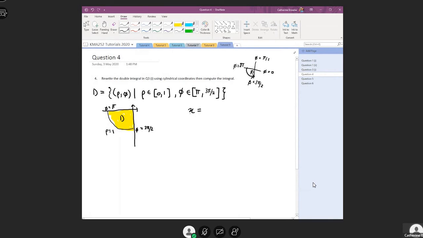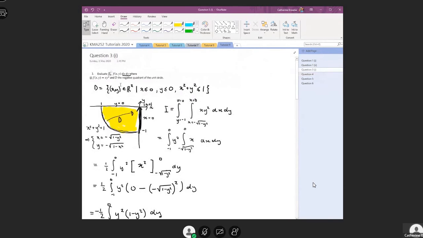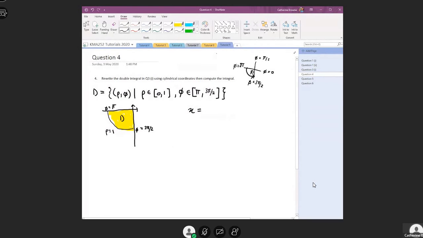And we also need to change this xy squared to be in cylindrical coordinates as well. So if you'll recall that x is equal to rho cos phi, y is equal to rho sine phi.